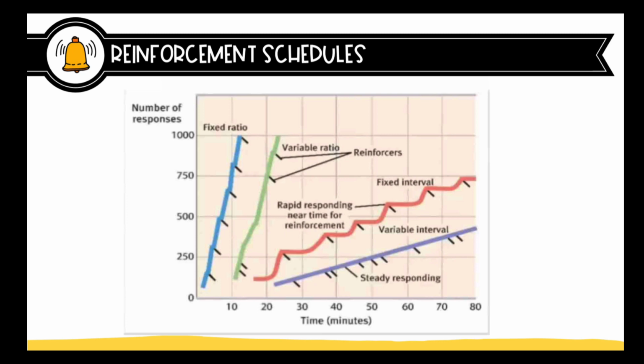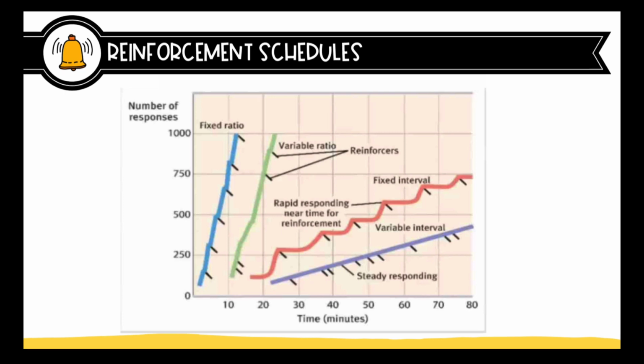Variable ratio is also good when you first start learning a new task or skill. You're conditioned to get a reward after each response. So you learn very quickly. That's what those little black tick marks show. It'll eventually drop off. The little black tick marks there are fixed interval and variable interval. Well, with fixed interval, it's a rapid responding near the time for reinforcement.